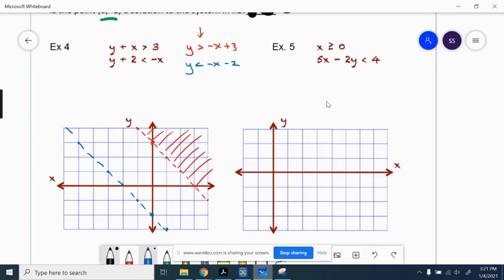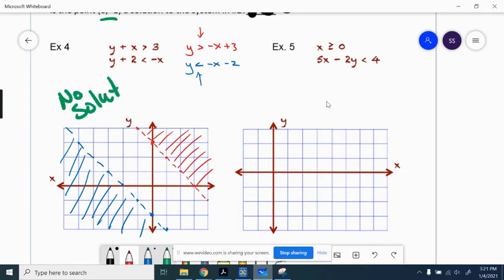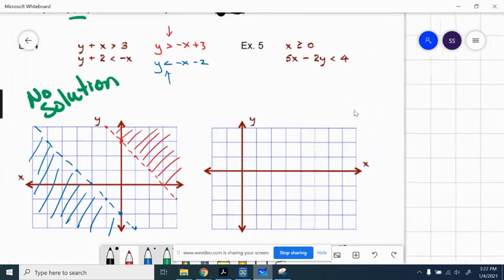All right, and we are going to shade below because this is y is less than, so we shade below. And so our solution is where these overlap and they don't overlap, so there is no solution to this system of inequalities.